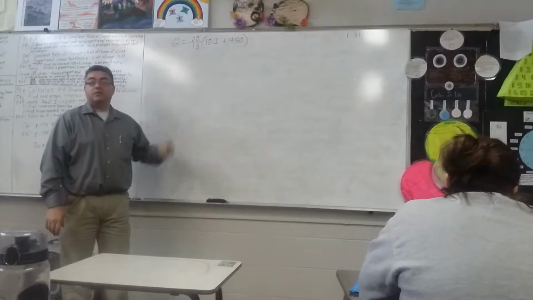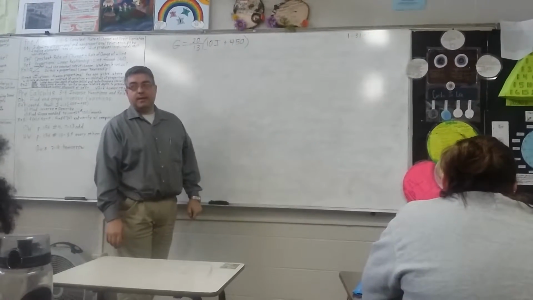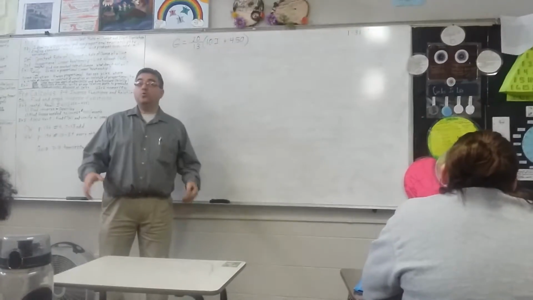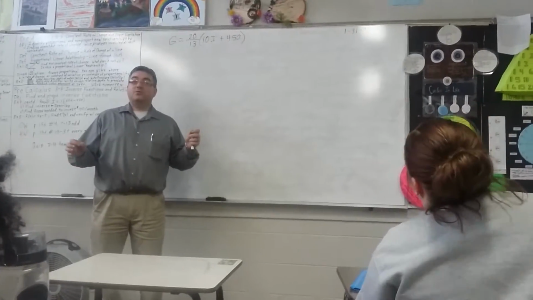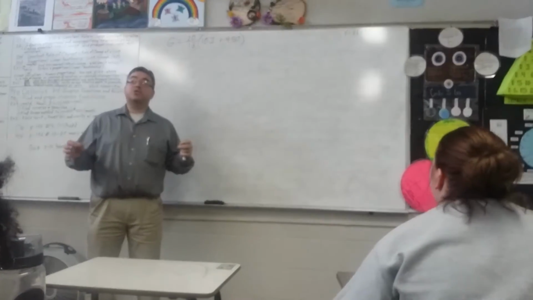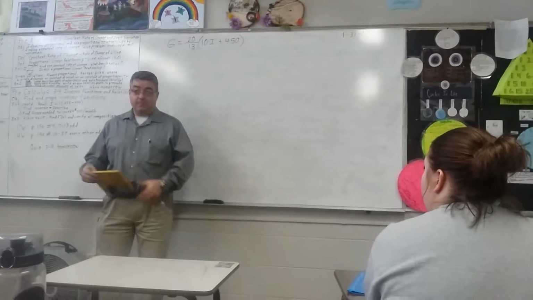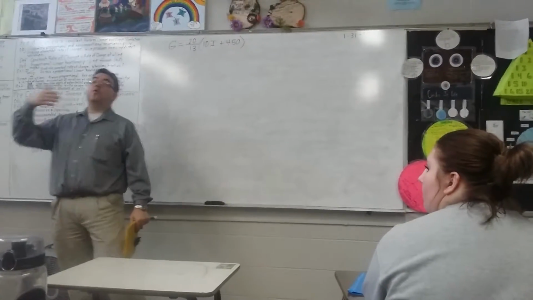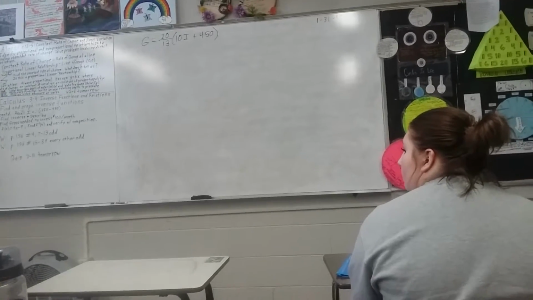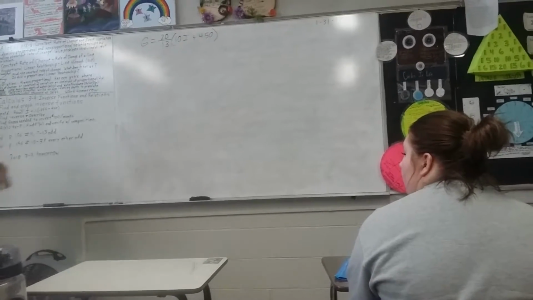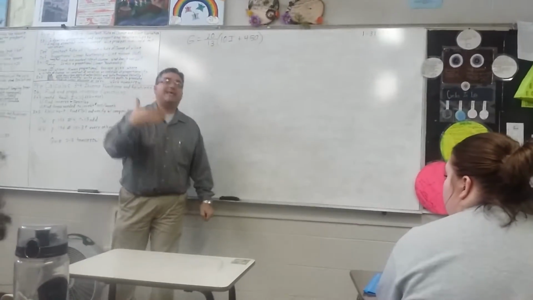What is G? Gross pay. Do I need to remind you what gross pay is? Gross pay is all the money you get before they take out taxes or anything. Net pay is what you get after they take everything out. So gross pay is the amount you can easily calculate.